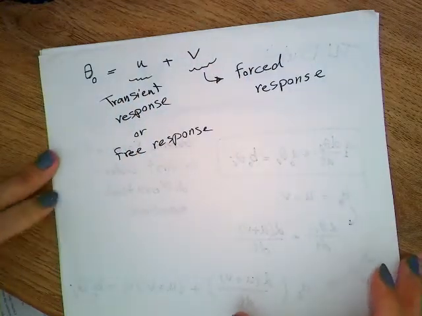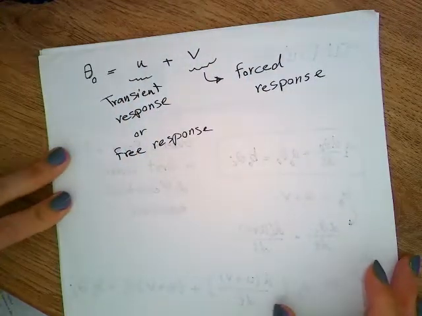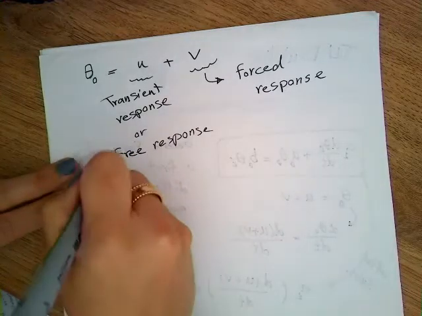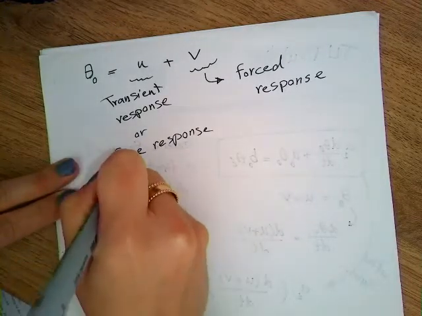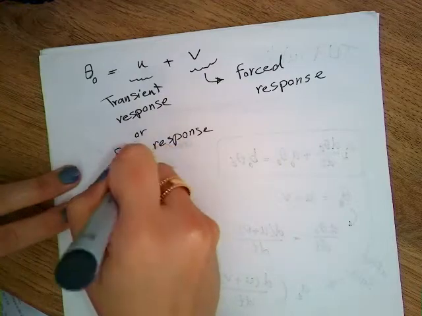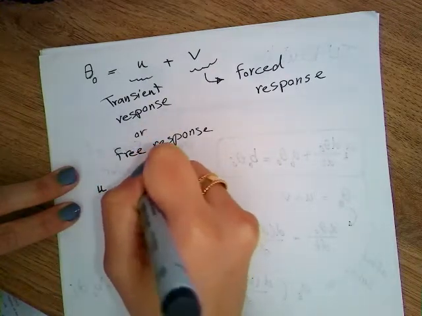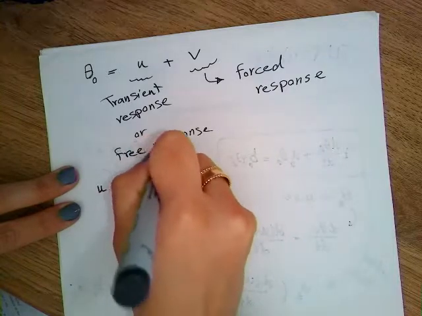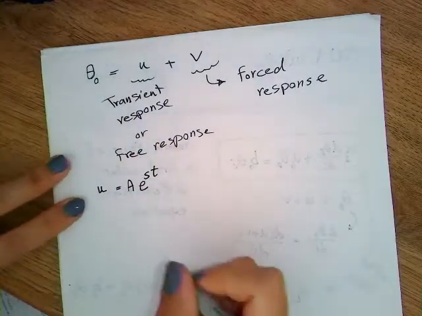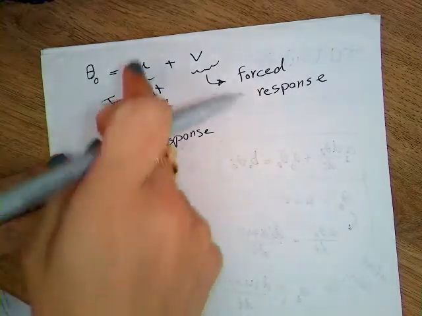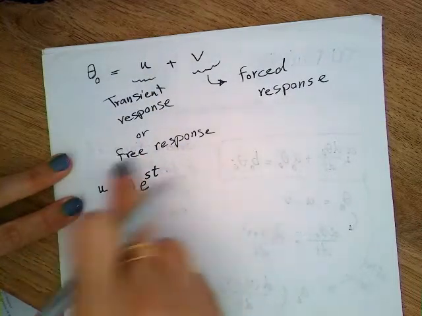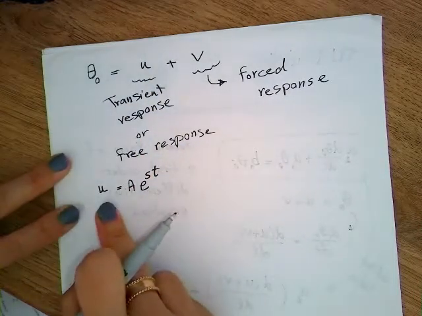So I'm going to have another assumption here. I'm going to assume that my u is equal to A e power st. So I'm going to assume that my u looks like this exponential form.